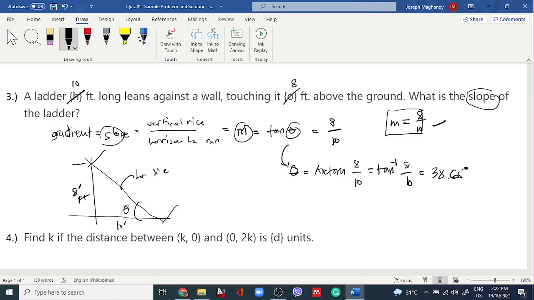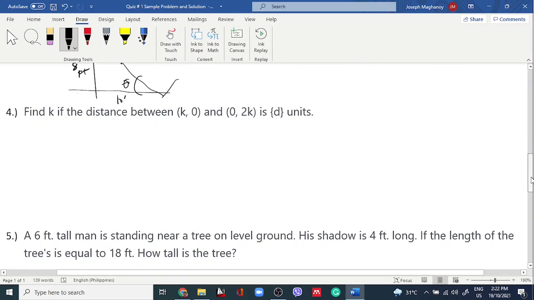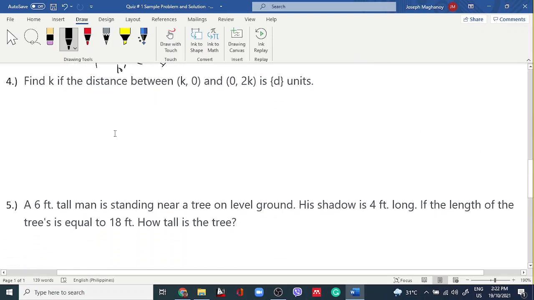Okay, let's move to your problem number 4. You need to find the value of K. Find K such that the distance between (K, 0) and (0, 2K) is D. Let's assume the distance is 10.